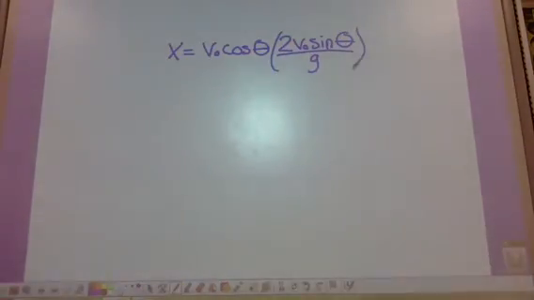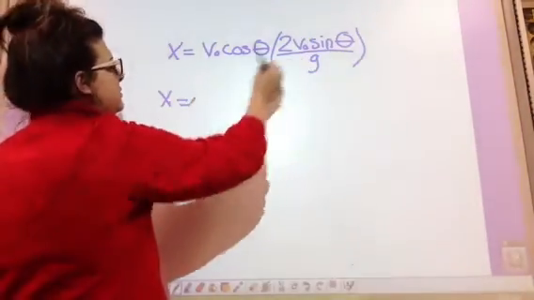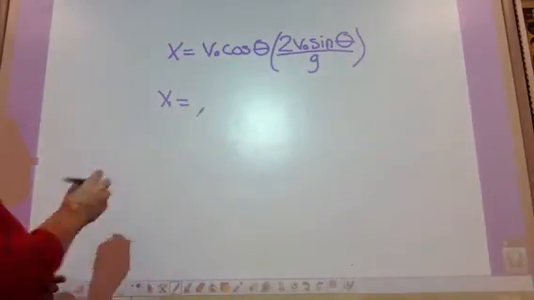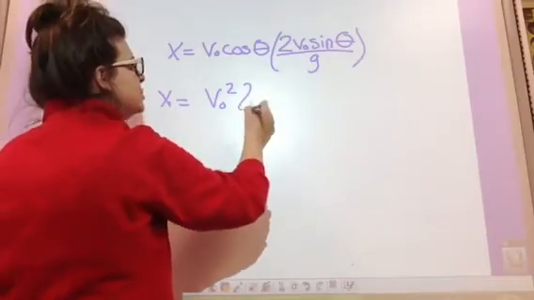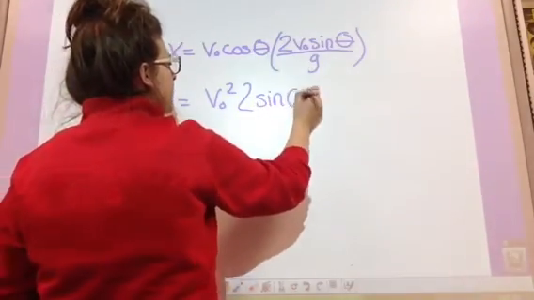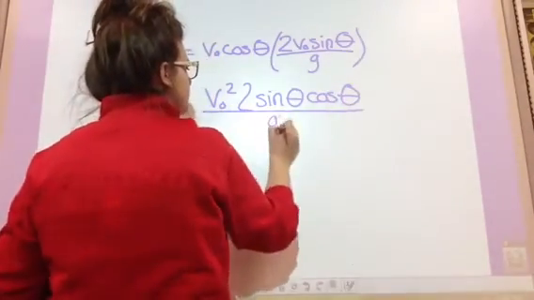Okay, so let's clean this up. I can say that I have V0 times V0, so I have V0 squared. And then I have times 2, and then sine theta and cosine theta, and that's all over g.